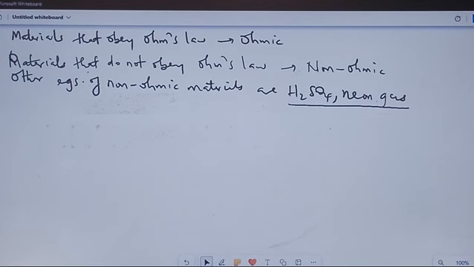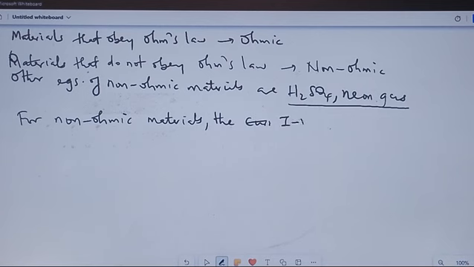And for non-ohmic materials, the current voltage relationship, the IV relationship, is a curve.